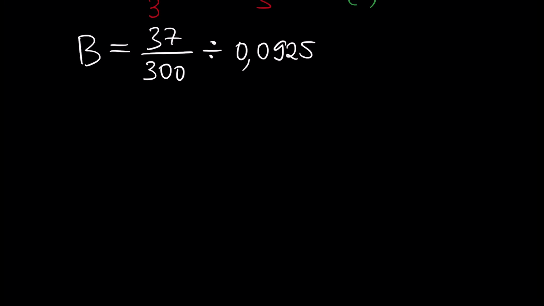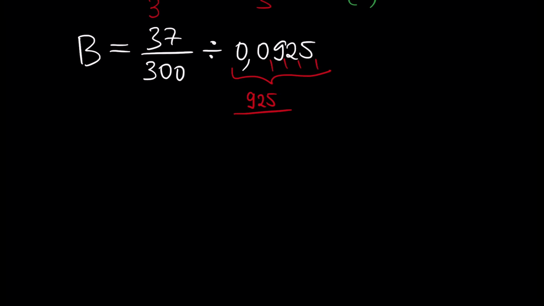We learned that this is a decimal fraction, and by definition this is 925 over 10, 100, 1000, 10,000.